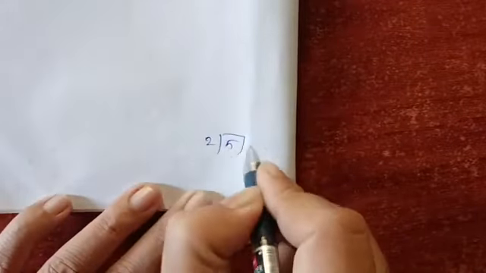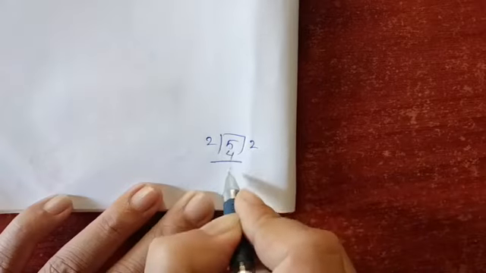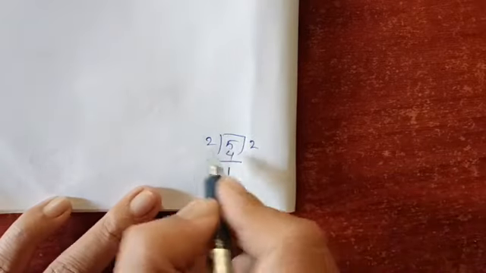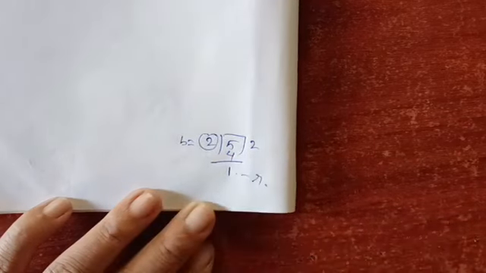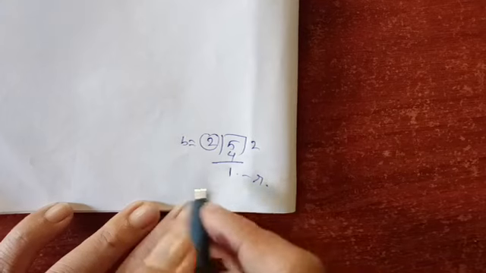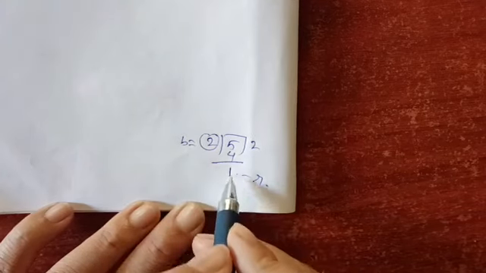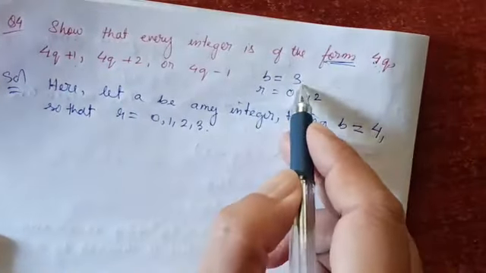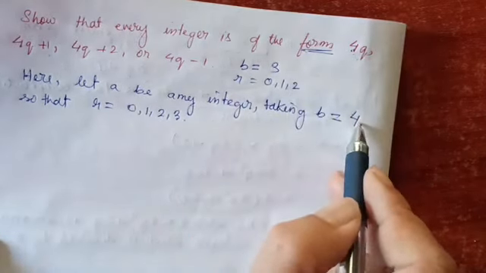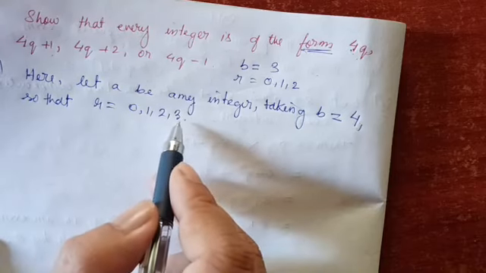Okay, let me show you one example. Suppose 5 is divided by 2, 2 2s are 4, so we get a remainder here. So this is the divisor b, this is the remainder r. All right, so the value of r should always be smaller than the value of b. Clear, right? So if the b value is 3, the remainder can be up to 2. If the b value is 4, the remainder can be up to 3 only.